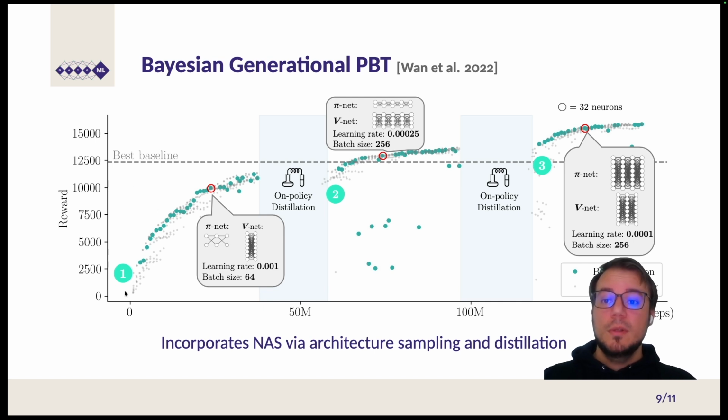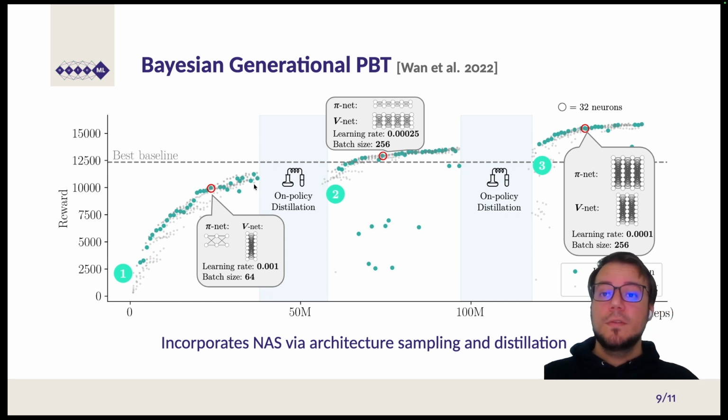You sample an initial set of members, but not just initial weights and hyperparameters, but also different architectures. Now, in this first generation, you just do your general PBT style, but instead of copying over just the weights, you copy over the weights and the overall architecture, right? So you replace bad performing architectures with good performing architectures, as well as exploring the hyperparameter space.